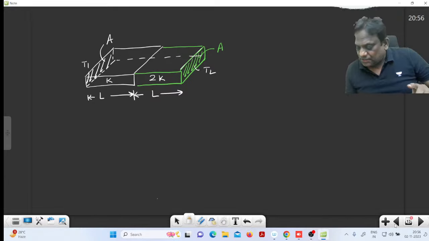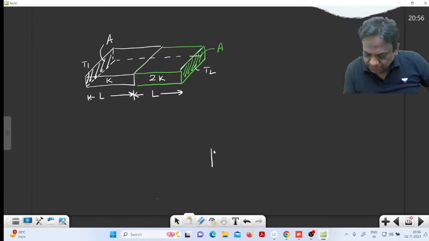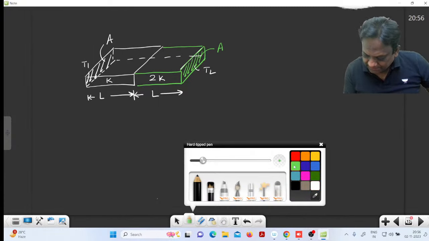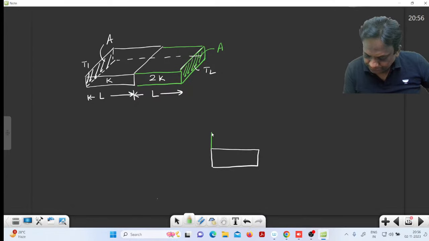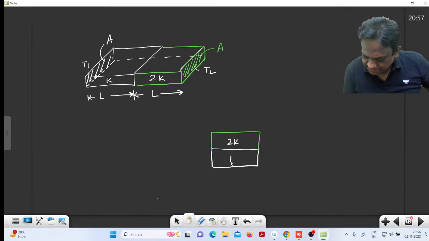Now in the second case we kept them like this. 2K is on top, sirs, no problem. In the second case, this is 2K and this is K. Okay, no problem at all.